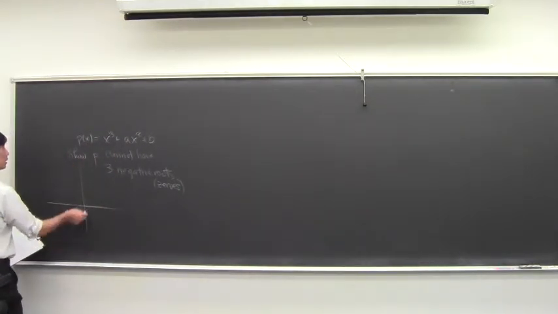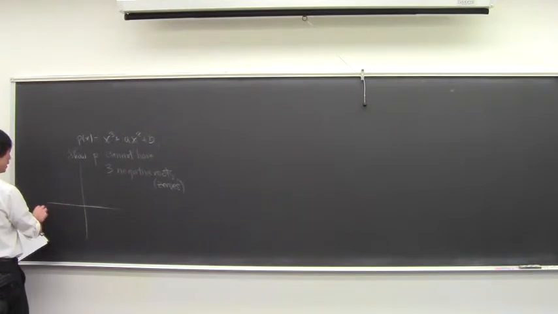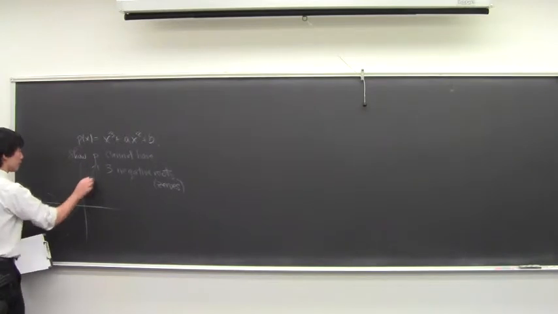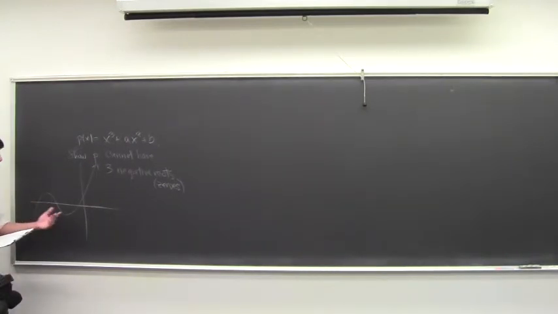This polynomial is a cubic, so it could look something like this, and some cubic could actually have 3 zeros that are all negative, but they're saying that can't happen.